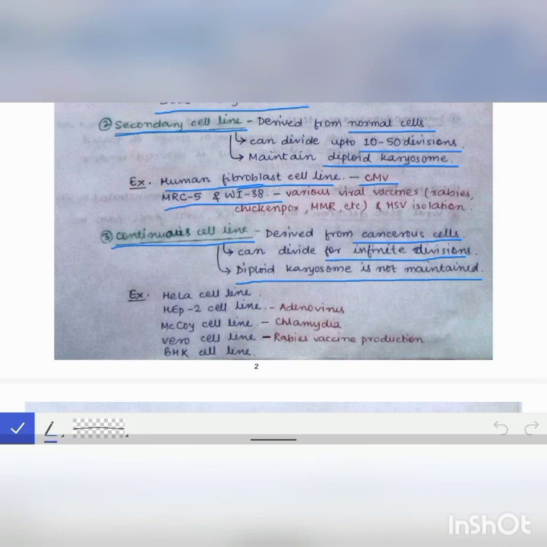Some of those continuous cell lines are the HeLa cell line, Hep2 cell line, McCoy cell line, which is used for chlamydia, Vero cell line, and the BHK cell line. These cell lines must be remembered, as these are important and these are facts only.